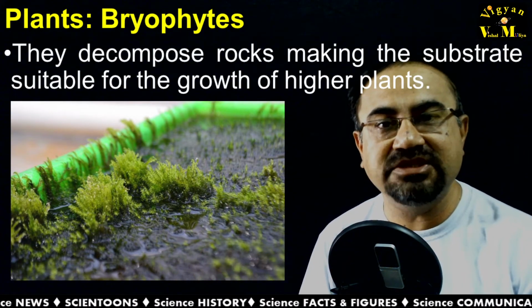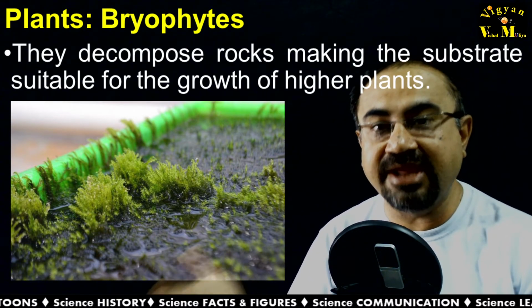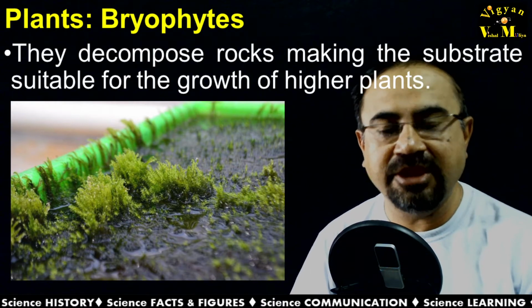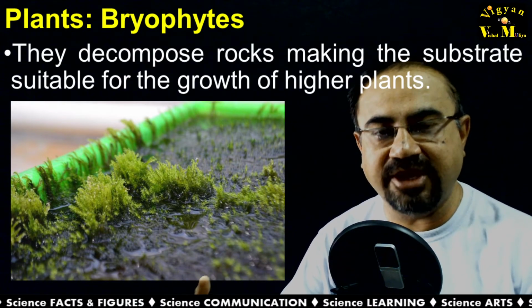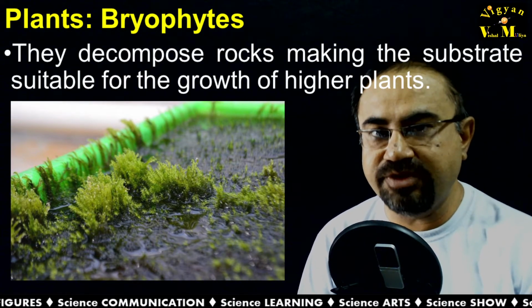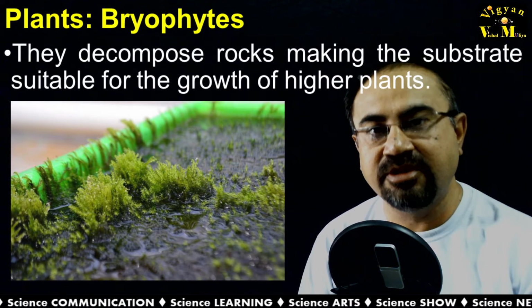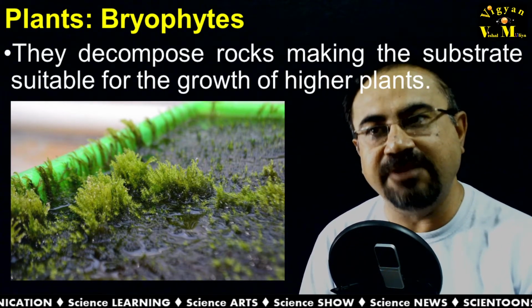So you can say along with the pioneering member lichen, they help in the greening or making soil fertile, which is otherwise barren land. So for the rejuvenation of the soil or making the soil fertile, it can be used very well.